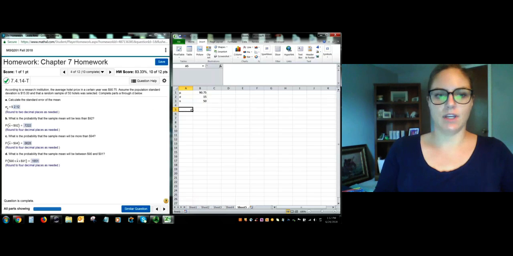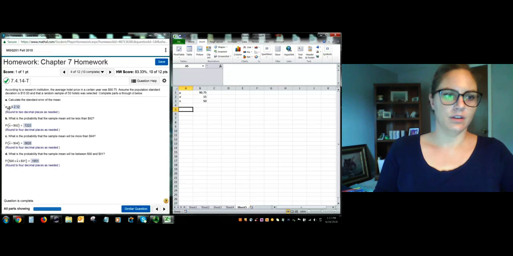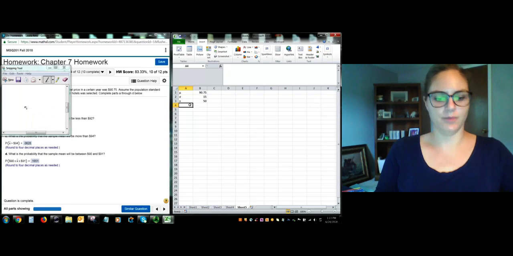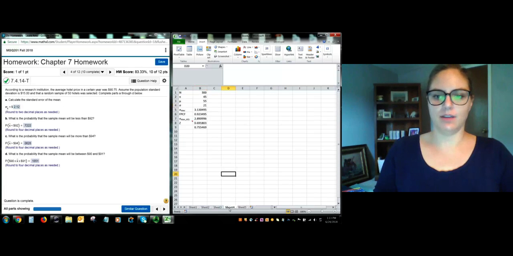So the first step to doing that is of course the standard error of the mean here. Okay, so the standard error of the mean, I'm going to just use this. This is nice to just pop in here. So again, that's just simply, if you recall, this sigma x bar.